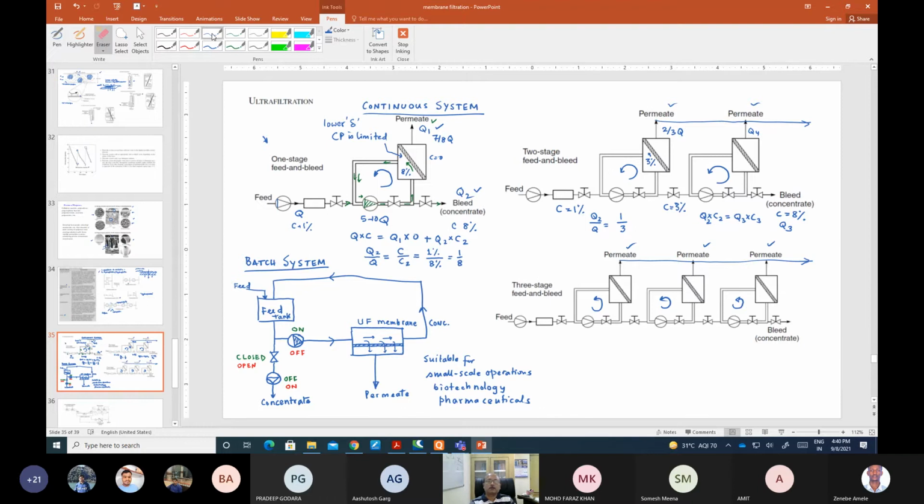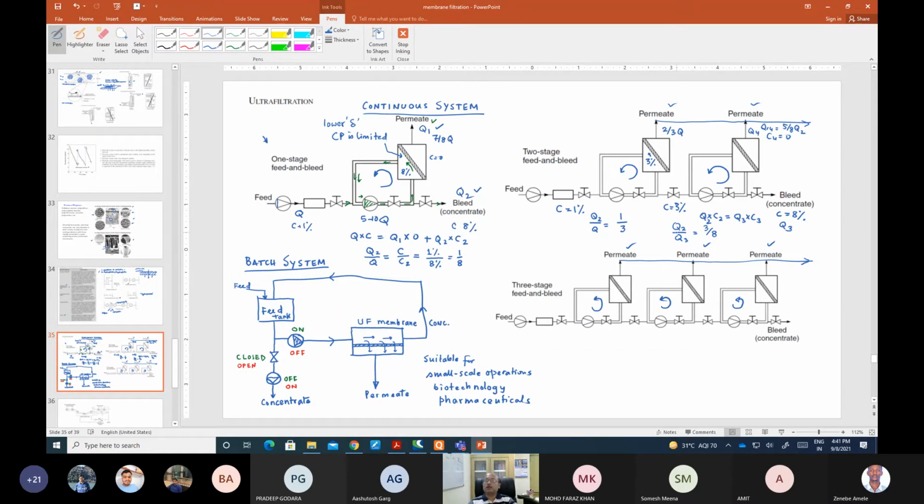So C4 is equal to 0 here because this is a permeate. So you write this mass balance equation and you get Q2 by Q3 equals 3 by 8. So if it is 3 by 8, then your Q4 is nothing but 5 by 8 of Q2, right?